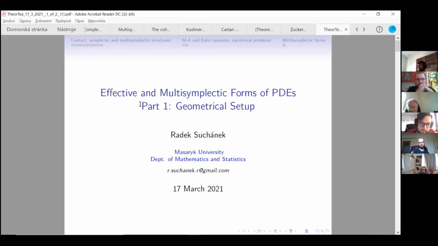So the reason why I decided to split it into two parts: firstly, I noticed that there are quite a lot of empty slots in the seminar.